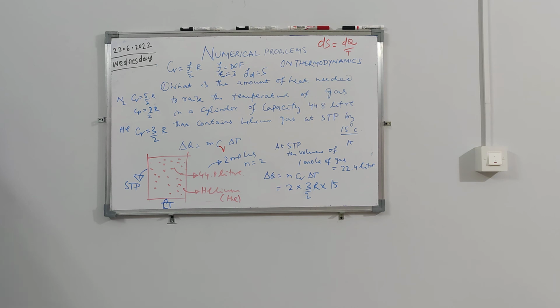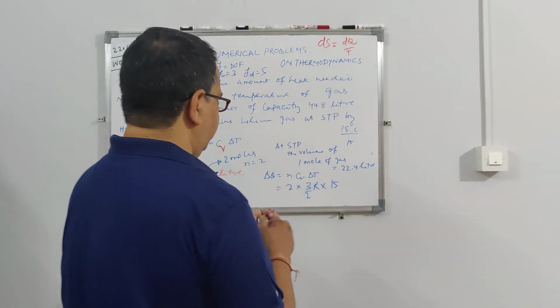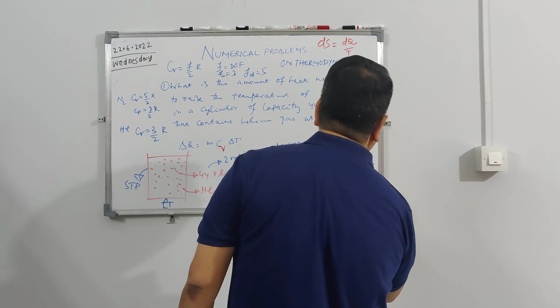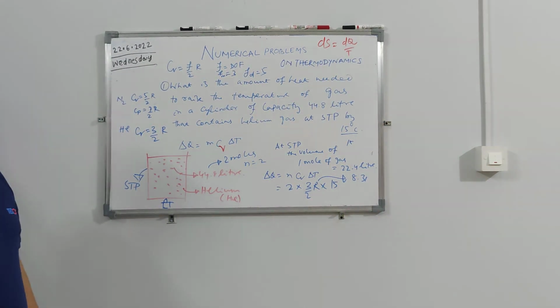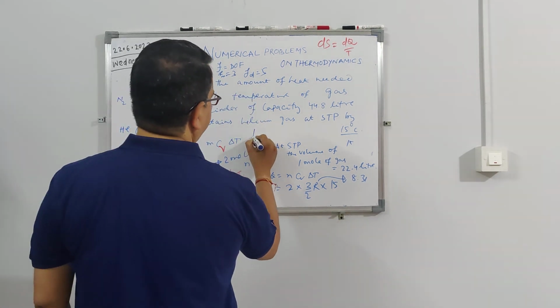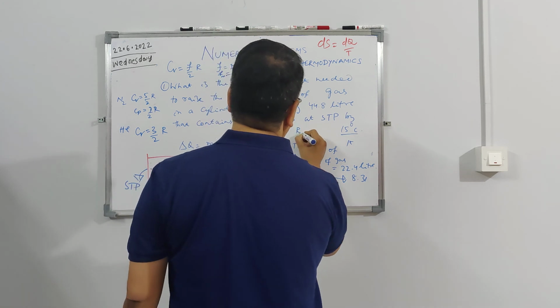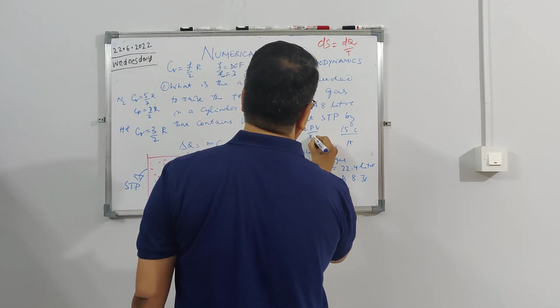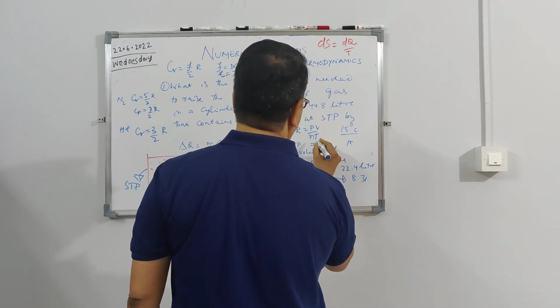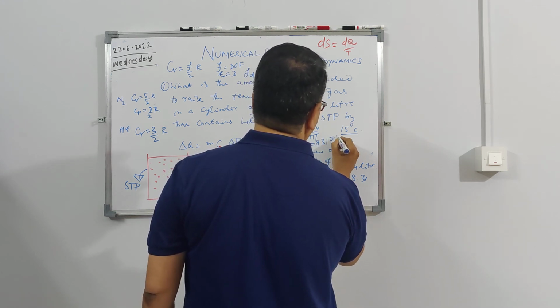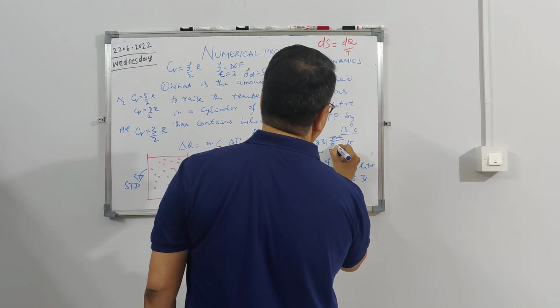The R value you know is 8.31. R is the universal gas constant, which is 8.31 joule per mole Kelvin. You know PV is equal to nRT, so R is equal to PV by nT, which in standard is 8.314 joule per mole Kelvin.